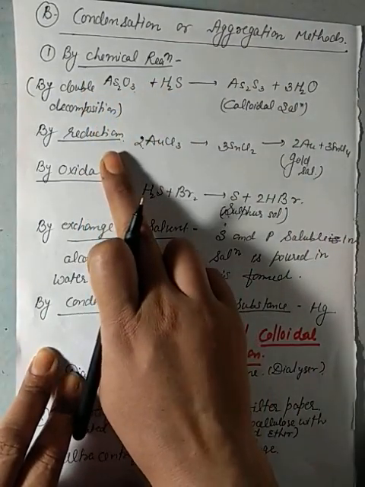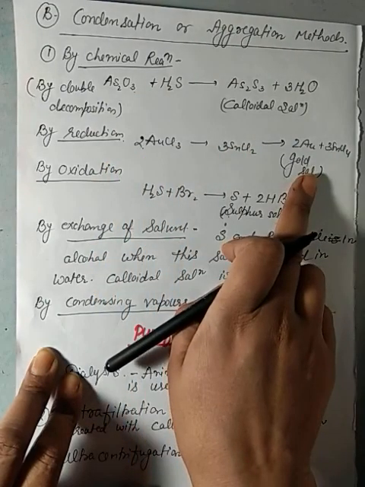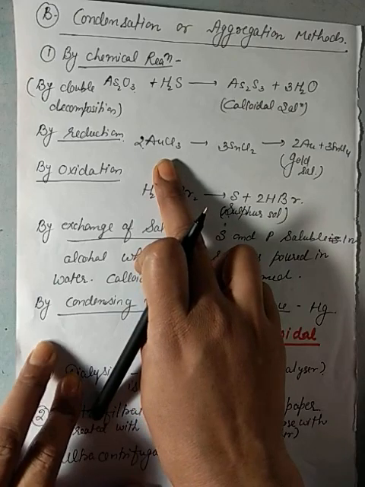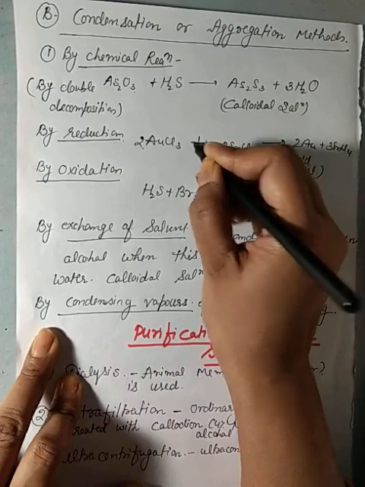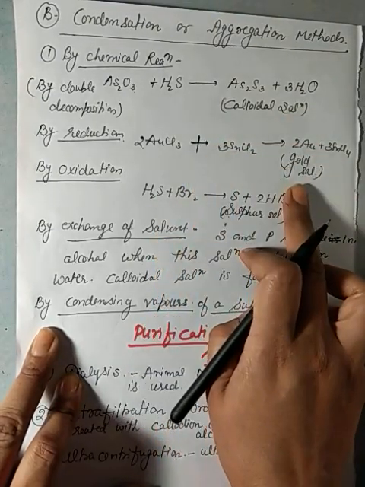Second is reduction. If we want to form gold sol, then gold chloride is reduced by SnCl2, and by the reduction process gold sol is formed.